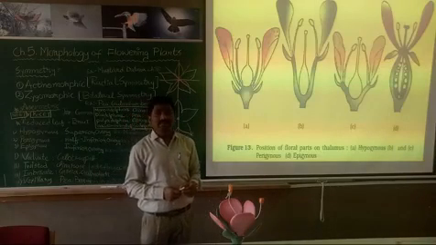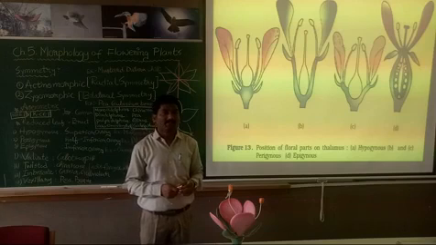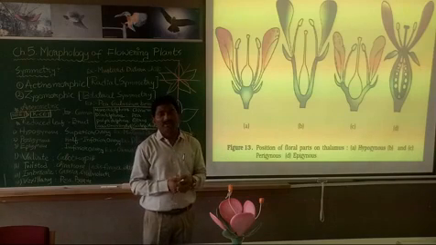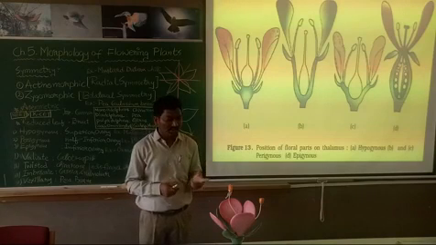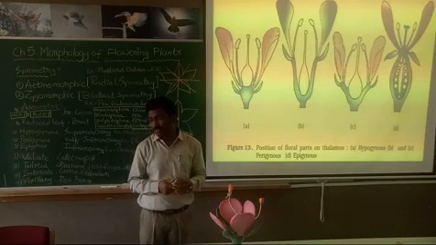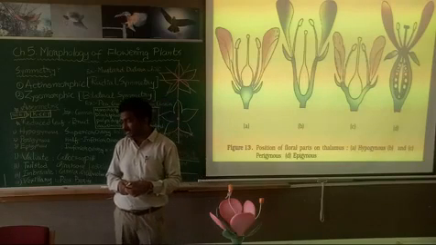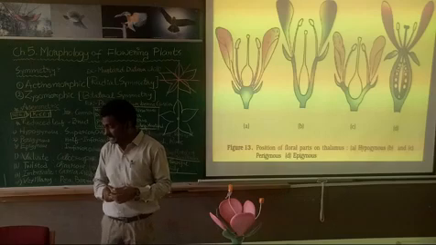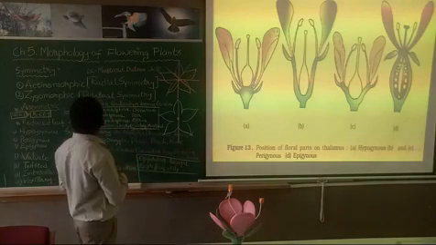Unisexual flowers you can see in nature in many plants like papaya and date palms. These are different examples for unisexual flowers. As I told you, examples for bisexual flowers are hibiscus or China rose, and pea and beans. Next, another important concept I am going to continue here.